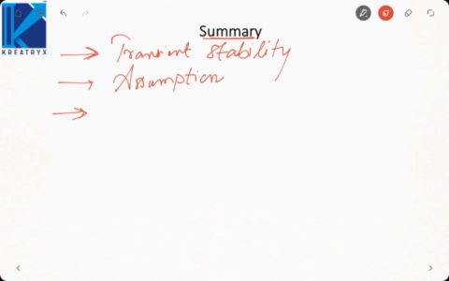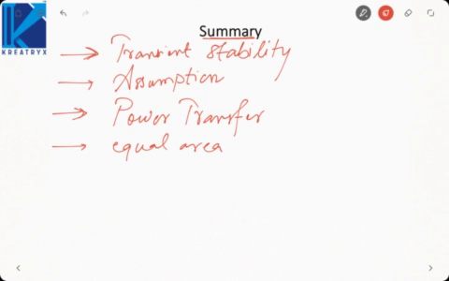Then we saw the power transfer: whenever there is a fault in a system, the transfer reactance between the sending and receiving ends will change. And last we saw the equal area criteria, which is a special case of the swing equation for a single machine or two machine system to determine transient stability. So this is how transient stability analysis is done.